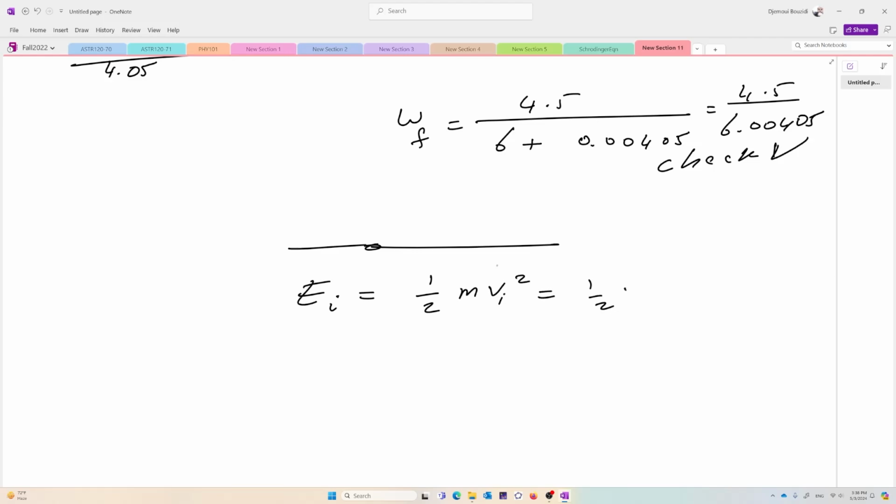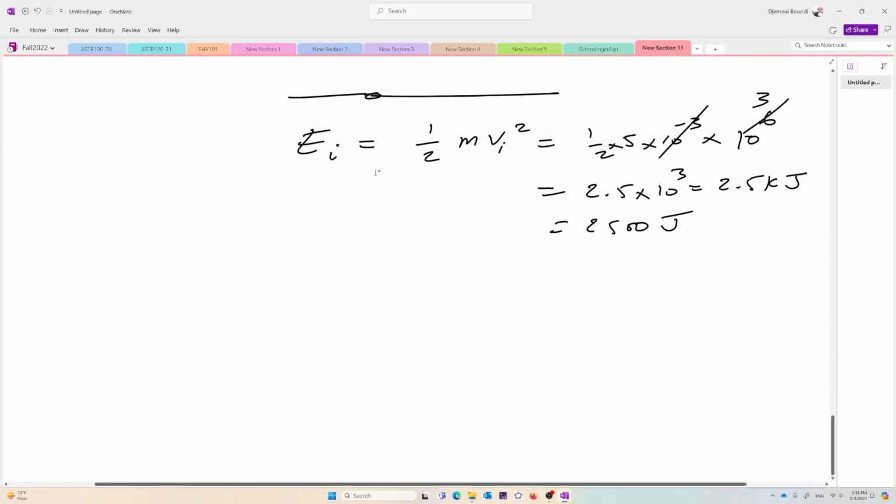So 1/2 times 5 times 10 to the negative 3 times the velocity squared, 10 to the power 3 squared, that's 10 to the power 6. So 1/2 of 5 is 2.5 times 10 to the power 3. In other words, this is 2.5 kilojoules. So it's a bunch of energy, 2,500 joules.